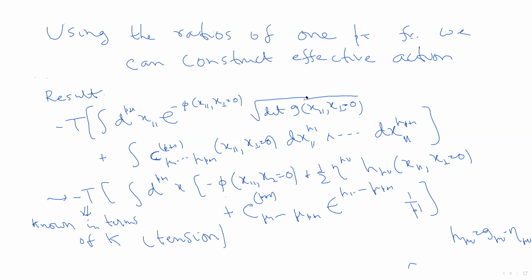Because they act as a source, and we know that phi and h are massless fields, if you put two branes at far away points, there will be an interaction energy due to the exchange of the massless fields. That you can read out from this action.